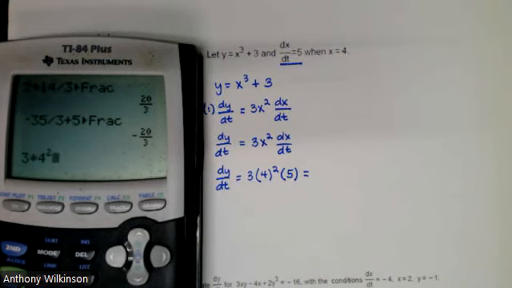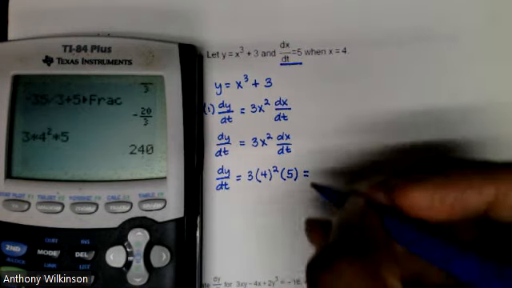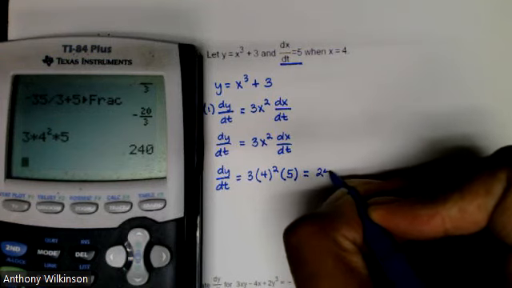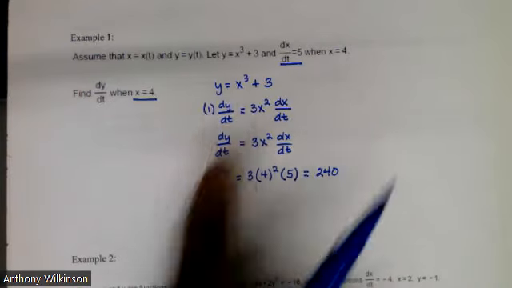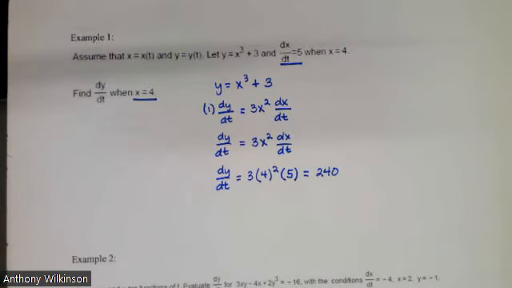I can hit the x squared button to square the 4, times 5. So dy dt, when x is equal to 4, ends up being 240. That's all we had to do in that problem. Here we had to differentiate the x and the y with respect to time.